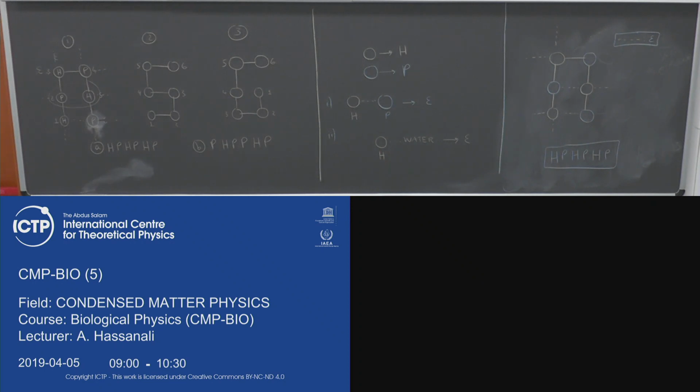You have to remember that these guys, you could say non-polar, hydrophobic, only interact through van der Waals type interactions. But these guys have long-range electrostatic interactions with each other.